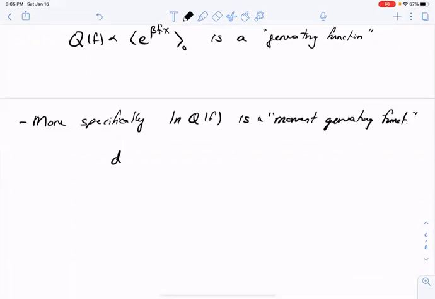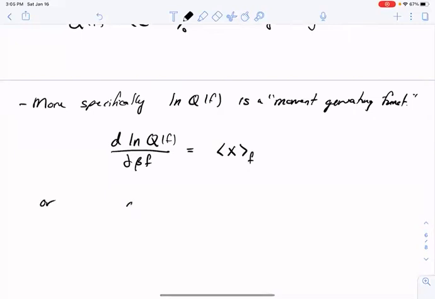For example, d log Q of F with respect to beta F will give you the average of X in that F ensemble. So that's an average in the presence of the force. Taking the second derivative generates the second cumulant.